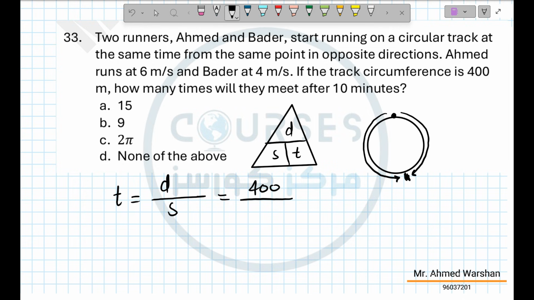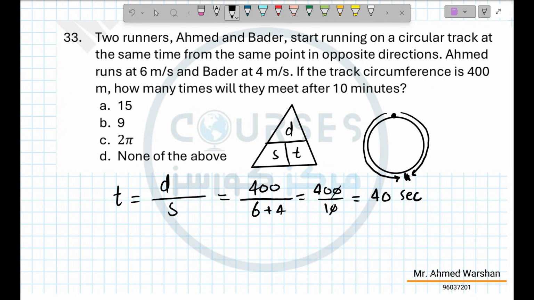Their speed together. Because they are running in opposite directions, their speed is added. If they were running in the same direction, their speed would be minus. So 6 plus 4, so that's 400 over 10. So they will meet after 40 seconds.